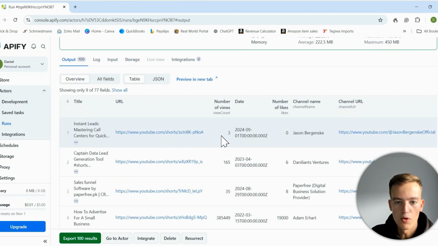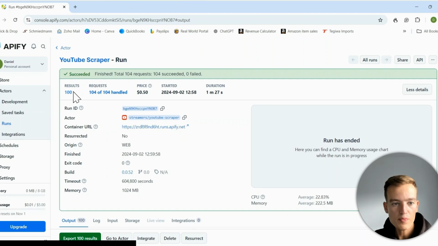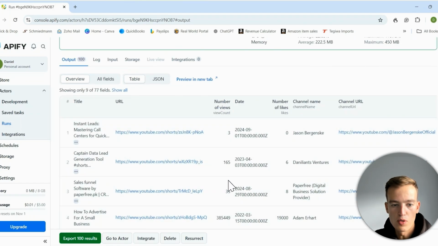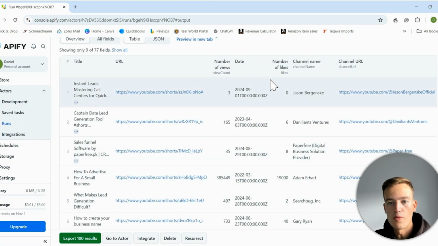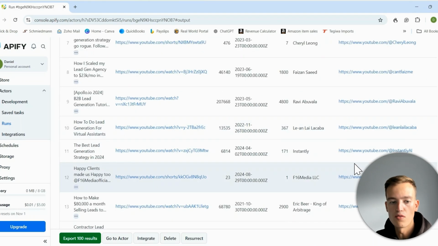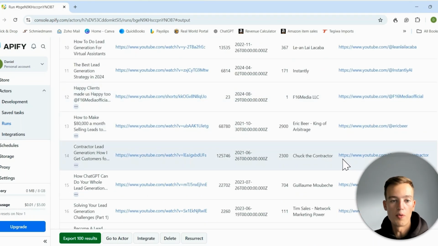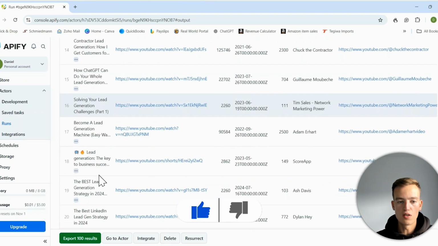It's done 100 of these for 50B, and it's pulled YouTube links, everything, and it's looking for number of views. I can filter it by number of likes, number of subscribers, whatever you want on here. There's loads and loads of data and information. I put it in about the lead generation space, hence why they're all lead generation.